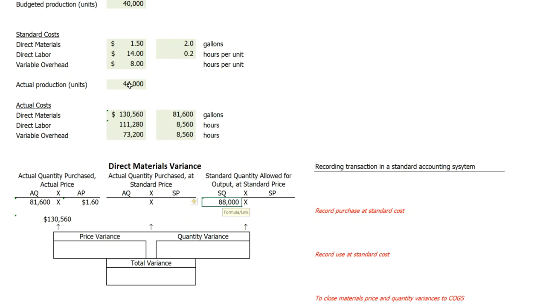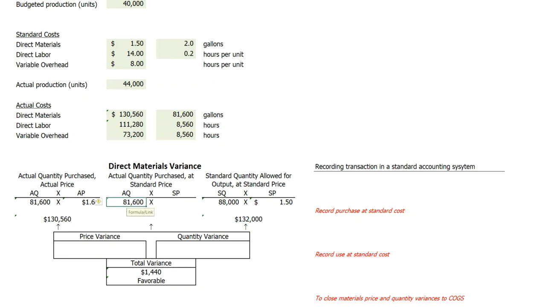That's our 44,000 actual units of production times 2 gallons per unit, at a standard cost or standard price per gallon of $1.50 for a total standard cost of $132,000, which means our total variance was $1,140. And of course, it was favorable because our actual cost was less than what we would have expected to pay to produce 44,000 units.